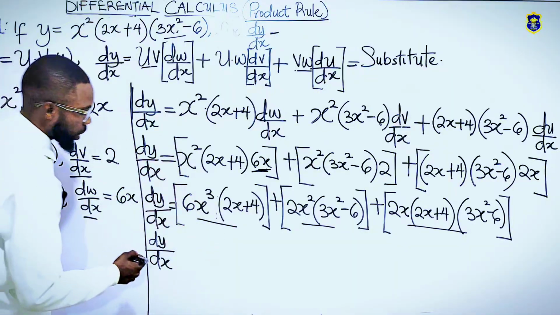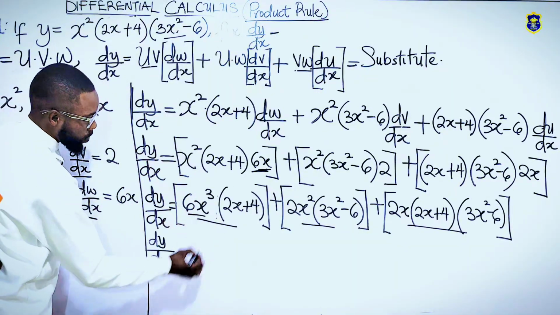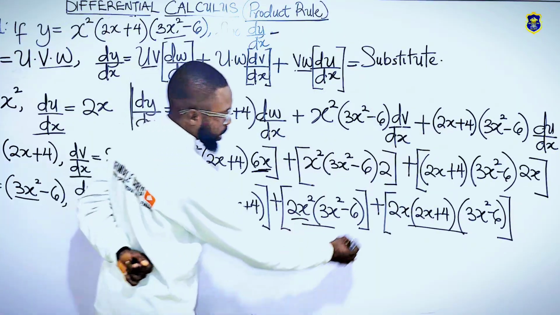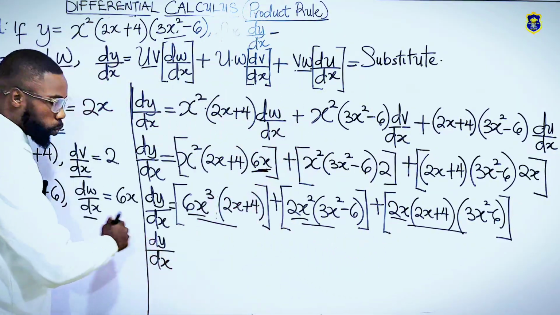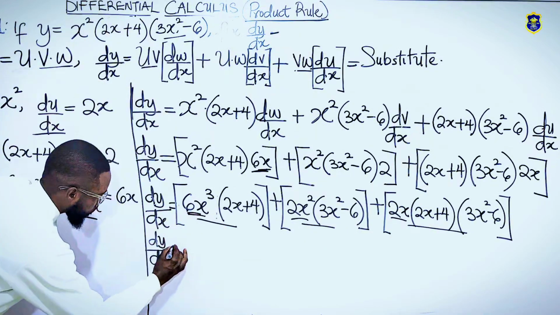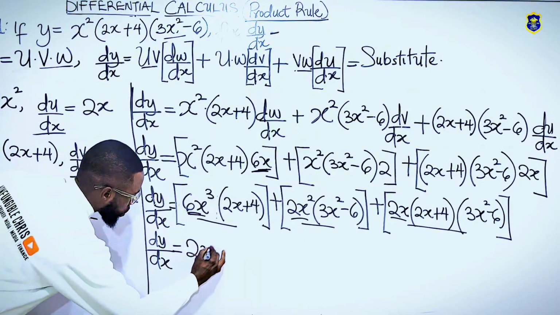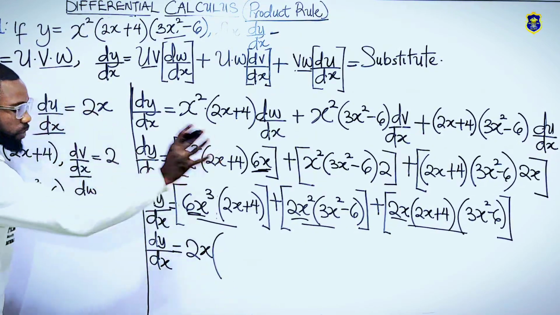We're going to factorize. If I factorize 2x from here, and from here, and from this one, bring them out and leave the rest in the bracket. What do we mean by that? If you factorize 2x, the answer is going to be 2x bracket and put everything inside.